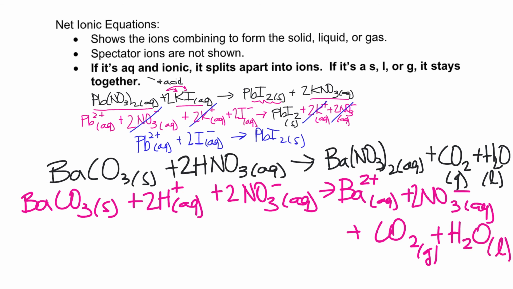So when we come in to get our spectator ions out of there, the only thing that's exactly the same on both sides is your 2 nitrate ions. Everything else that I'm underlining in blue stays for your net ionic equation. So here's an example where there's a lot of stuff still present in your net ionic equation. And again, the net ionic equation is only looking at the components in your reaction that actually change.